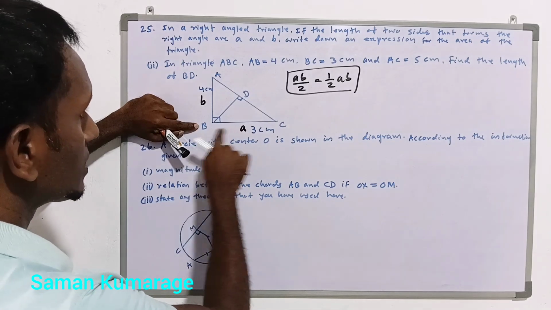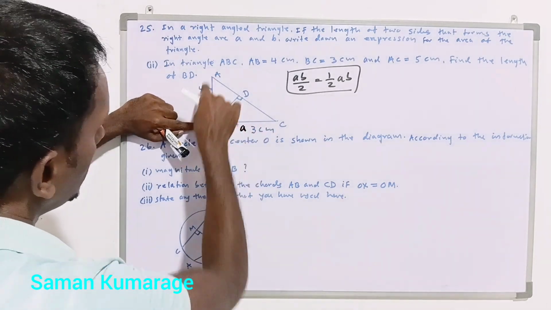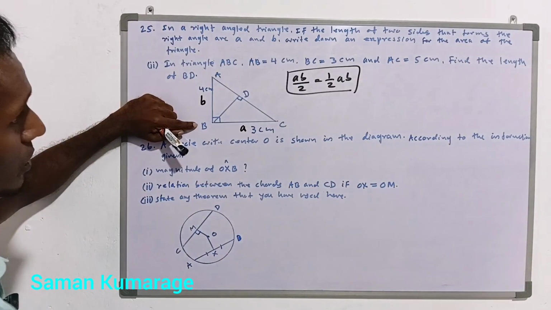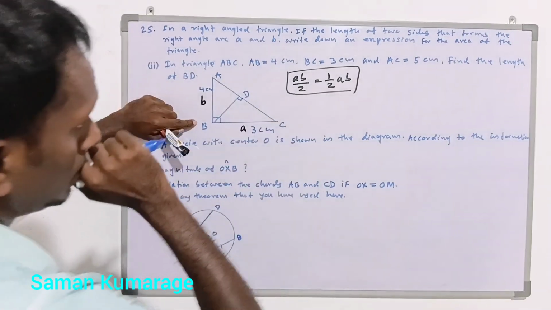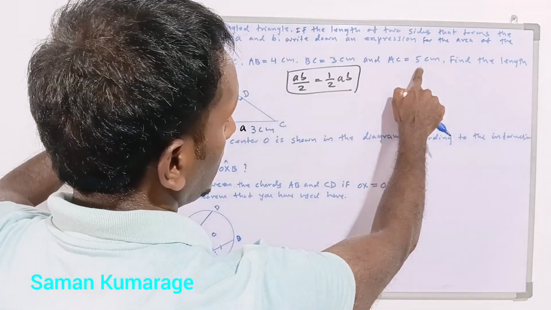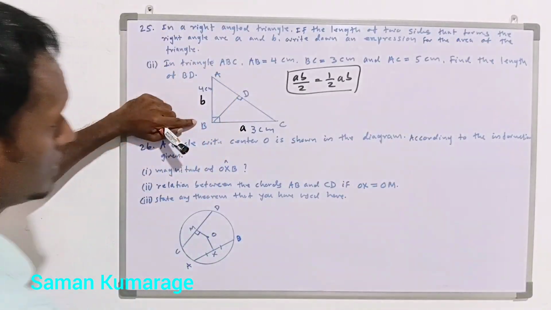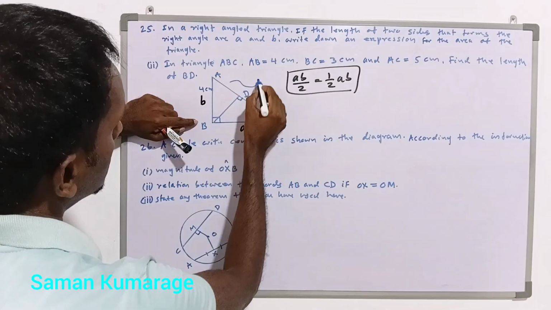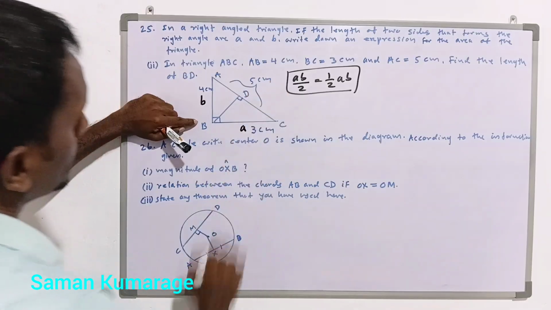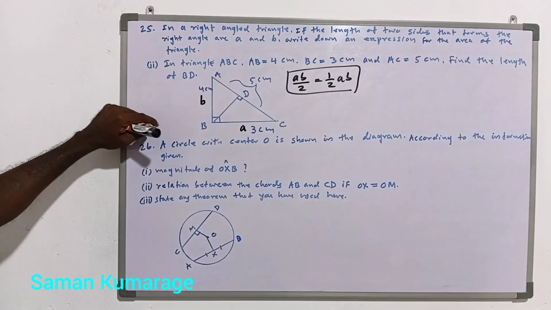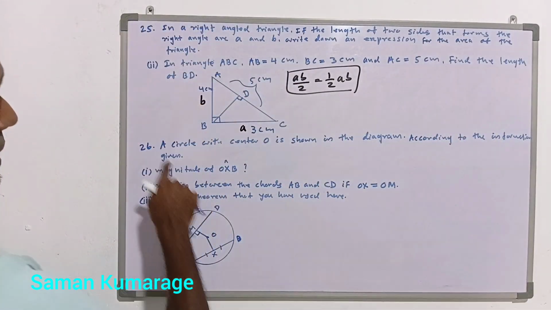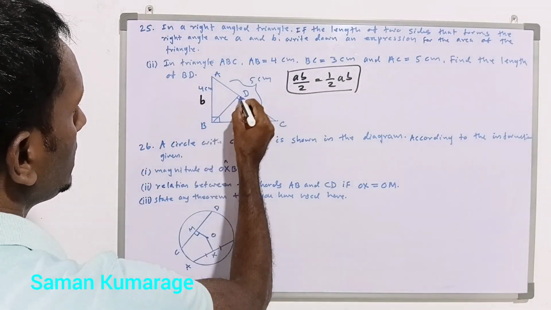Actually this side should be shorter than this side in the diagram, but just ignore that mistake. And AC is equal to 5 cm. Find the length of BD. We have to find this BD length.